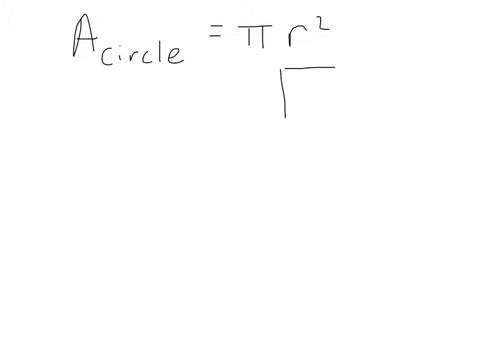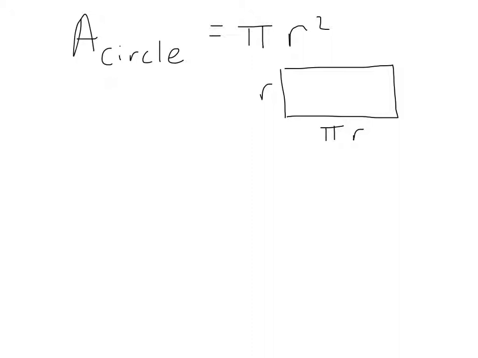So let's quickly review what we saw here. The first thing is we saw that the area for a circle is equal to pi times the radius squared. We saw that by cutting it into little pie pieces and creating a rectangle, basically, that's r tall and pi r wide.